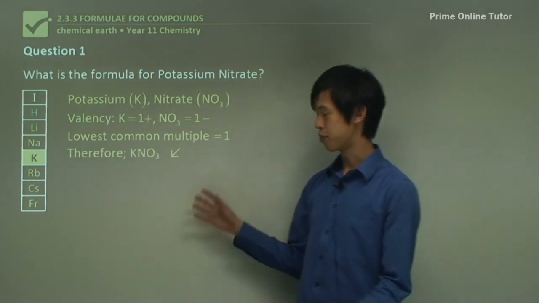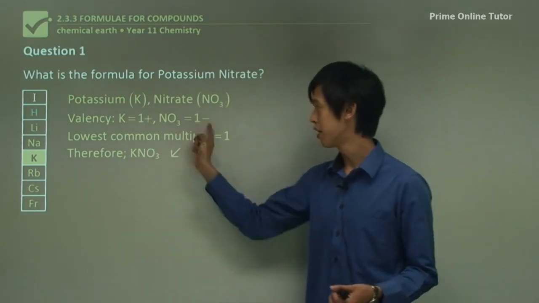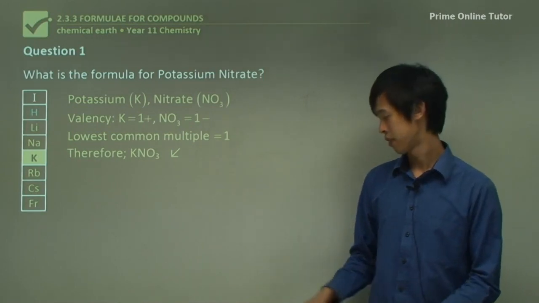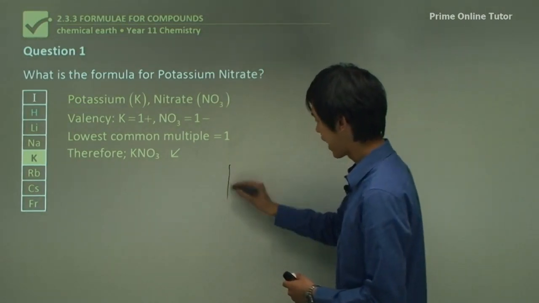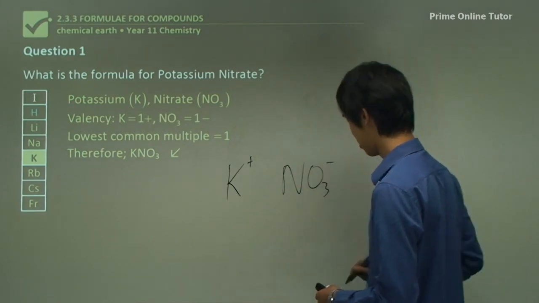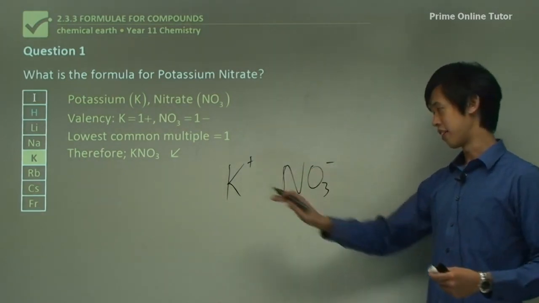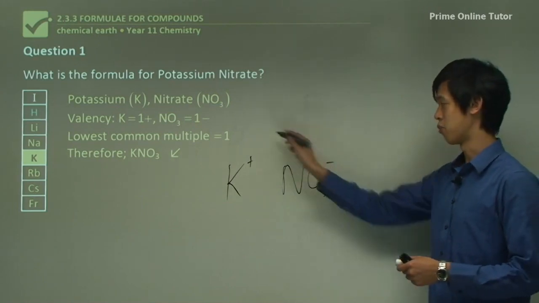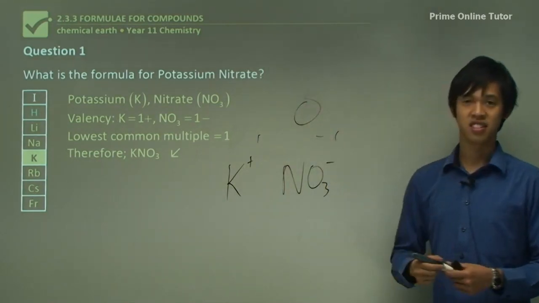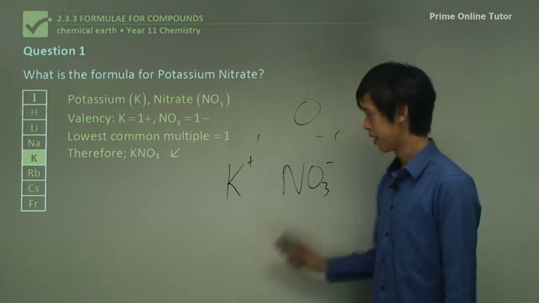Therefore it'll just be KNO3. If you put the K ion and the NO3 ion together, the charge balances out: 1 minus 1 gives you 0.